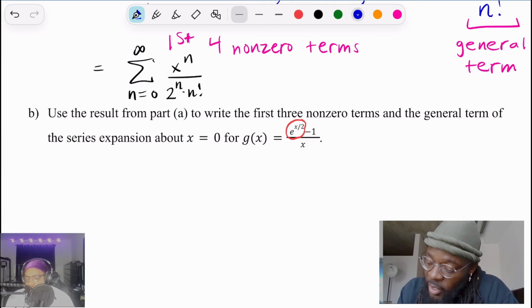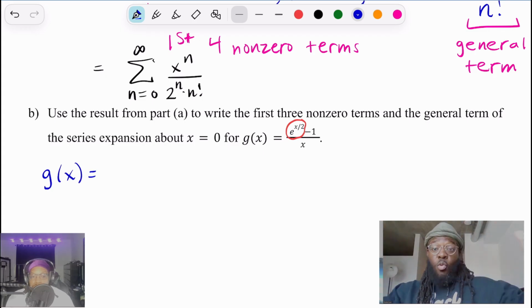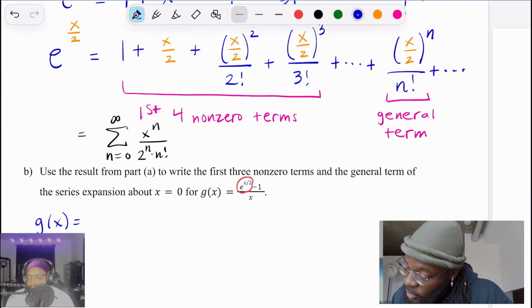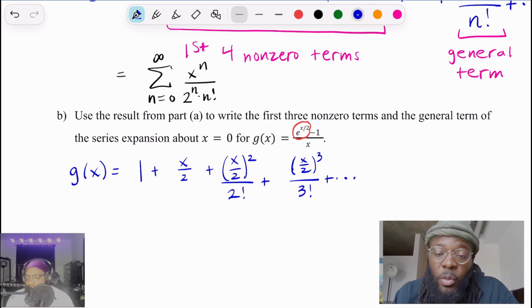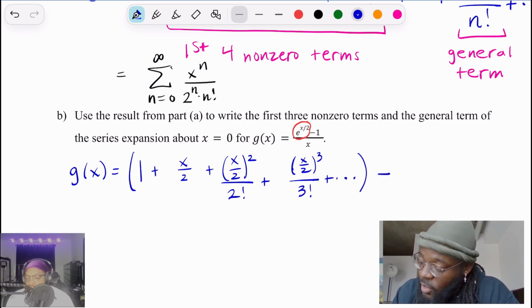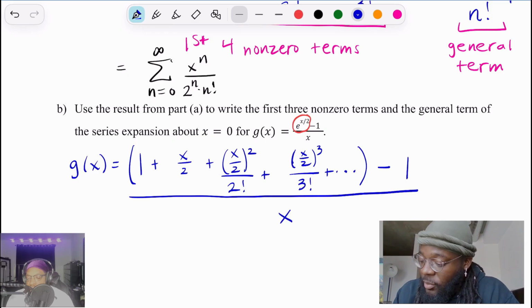So I'm going to say g of x is going to be equal to e to the x over 2. So that's that whole thing from part A. And let me see. I'll rewrite it over again, plus dot dot dot, all those terms. And I'm subtracting a 1 off. I'm dividing everything through by x.